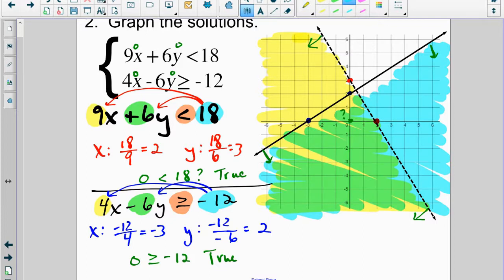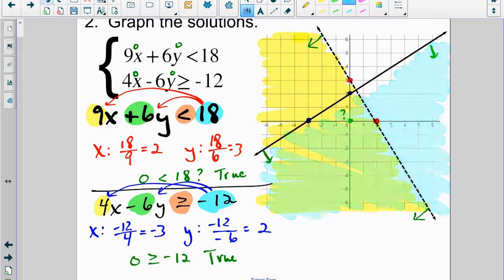So it looks like the yellow and the blue will overlap in the bottom middle section, bottom left section of our graph space. That's the area that contains all of the solutions to the whole system.